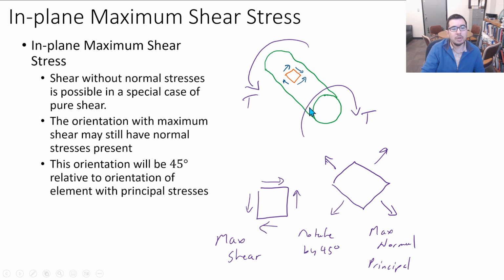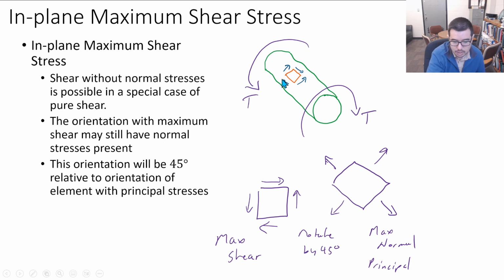And there's a pretty famous example where we can have just in-plane max shear and only shear stresses. Okay, so there are no normal stresses here, and that's what's called pure shear.